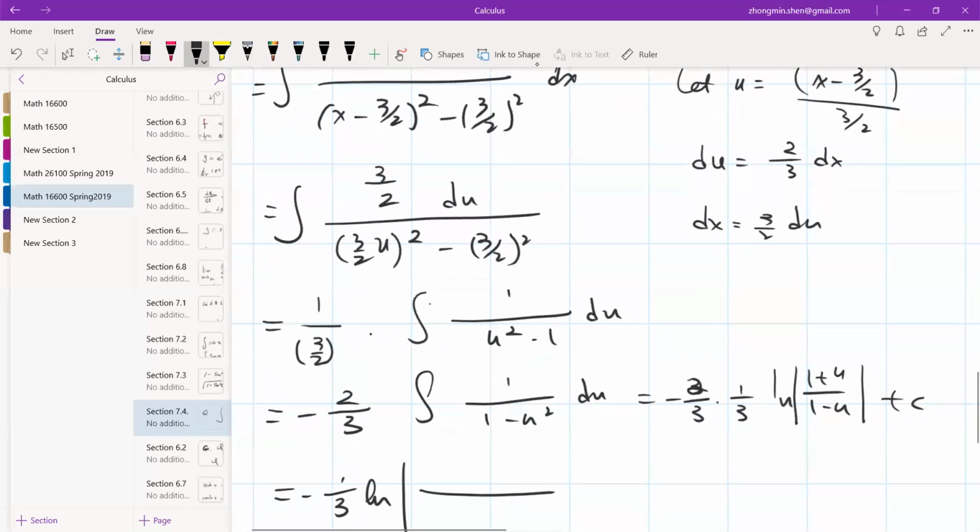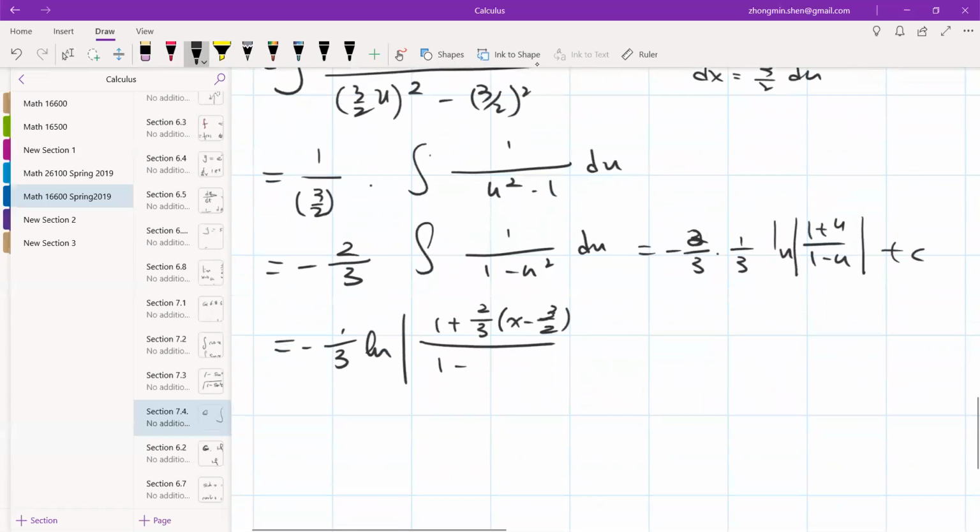What is u? 1 plus u is 2 over 3 x minus 3 over 2. And here 1 minus, plus constant. So you have to simplify a little bit. I cancel the 1. So it's going to be just 2 over 3 x.